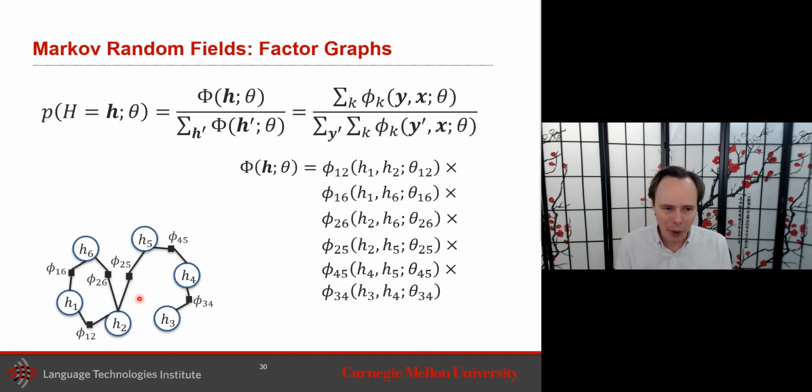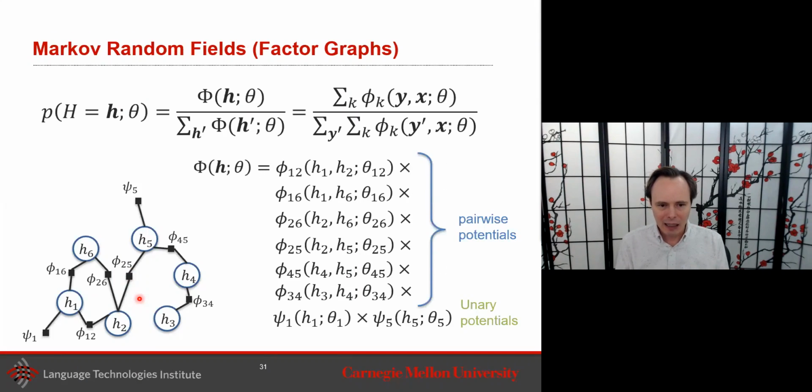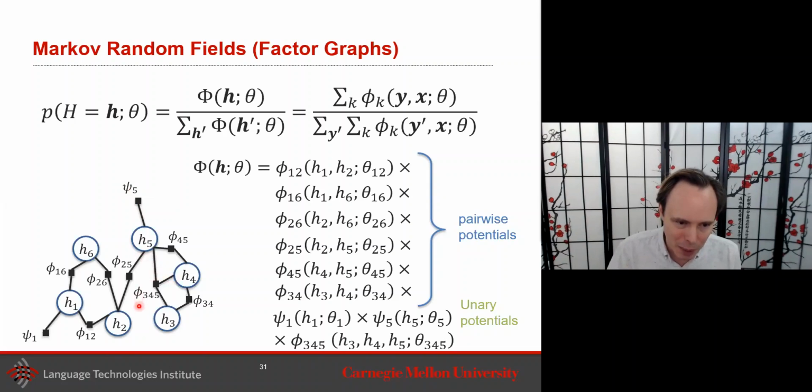But the power of it is that you can also start putting factors with maybe some observed variable, because all of this is my latent variables, but you may also have observed ones. But the more interesting is this one.